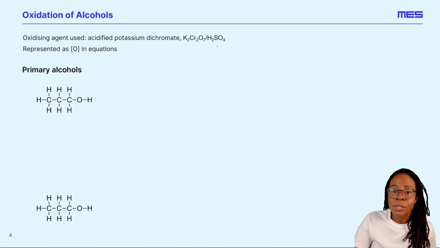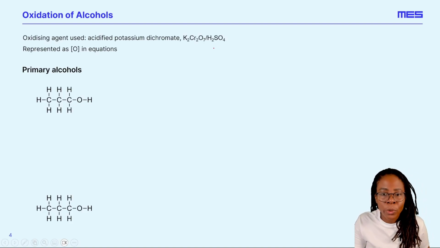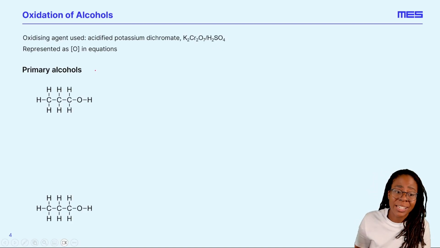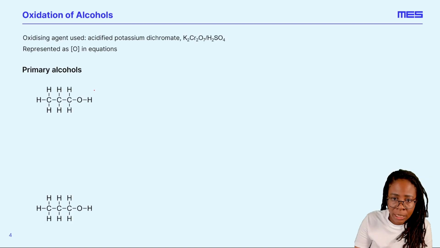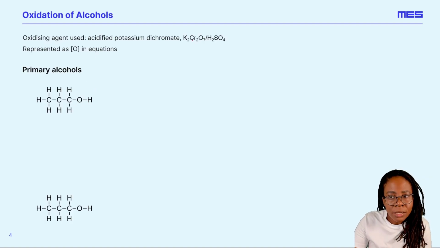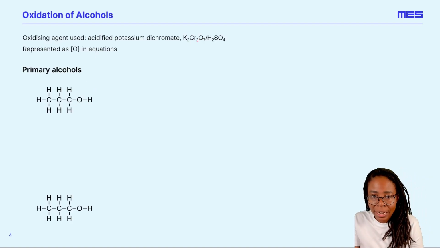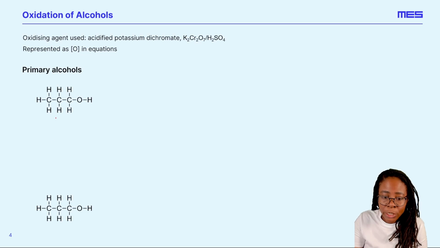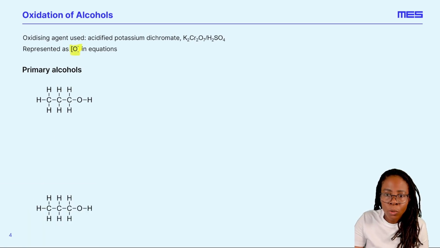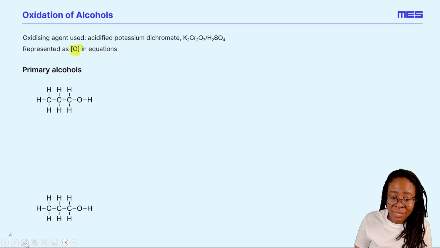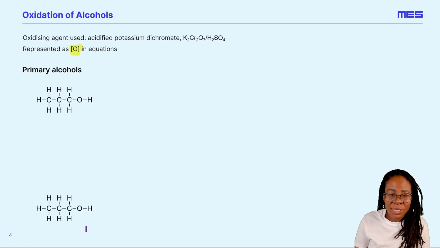Now, lucky for us, when we're writing balanced equations showing the oxidation of organic species, particularly alcohols here, we will not write the potassium dichromate in our equation. Instead, we can just represent our oxidizing agent using an O in square brackets, and that makes everybody's life so much easier and helps us to balance really nice and simply as well.